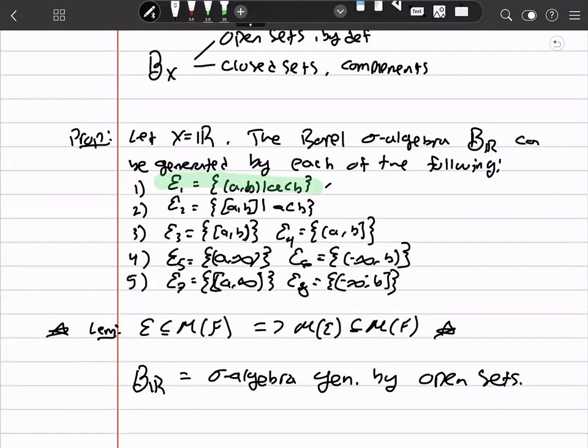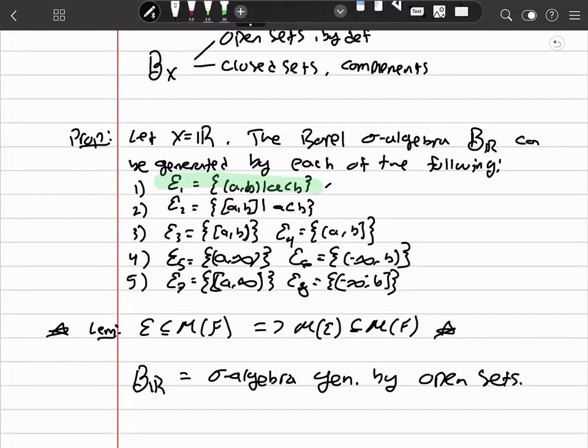So open sets can also be kind of unruly, but we can tame them a little bit by just taking our open intervals. I said before that this was our standard definition, which it's not. The sigma algebra generated by E1 is the Borel sigma algebra, but it's not obvious that it's the Borel sigma algebra.